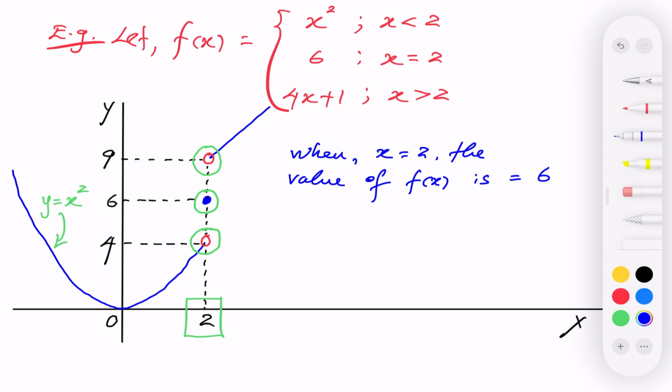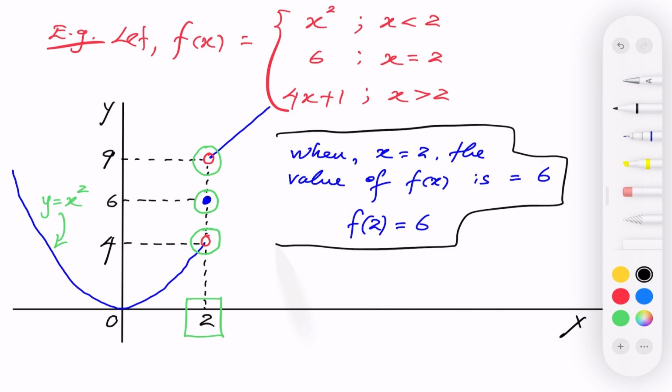Using some mathematical notation, we can simply write it as f of 2 being equal to 6. Very simple. And you already know that from your college algebra knowledge. There's nothing new here. That means there's technically nothing new with this point on this piecewise function.